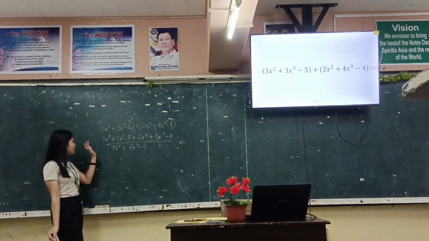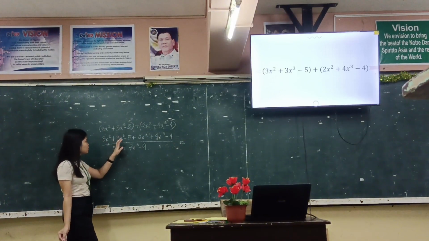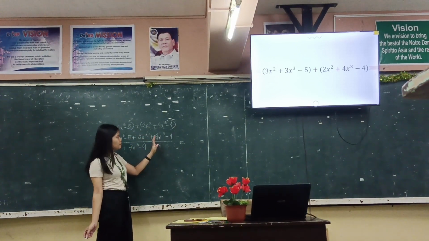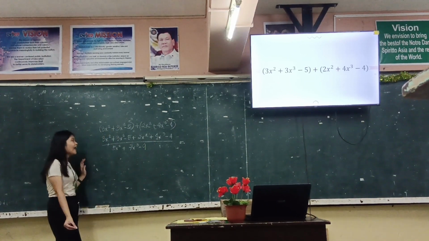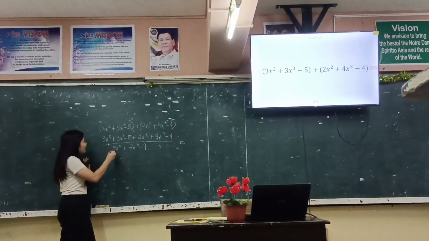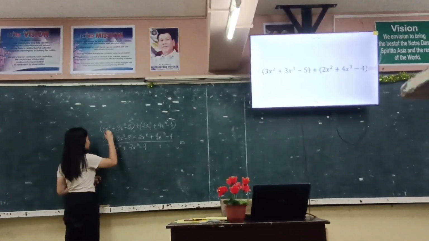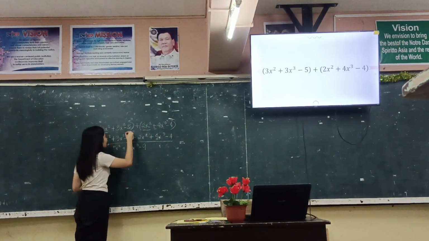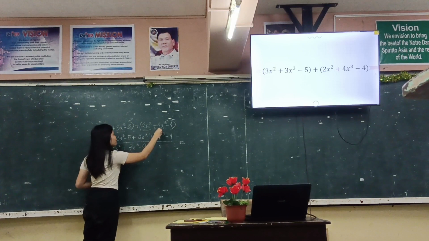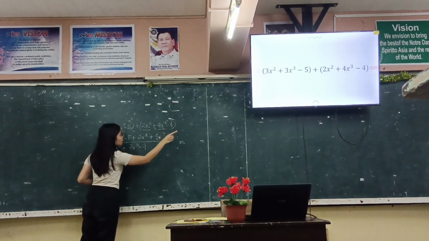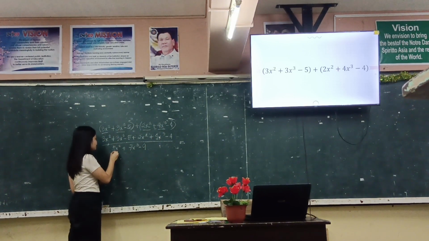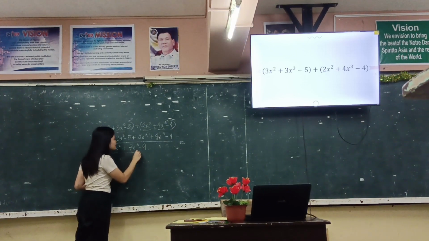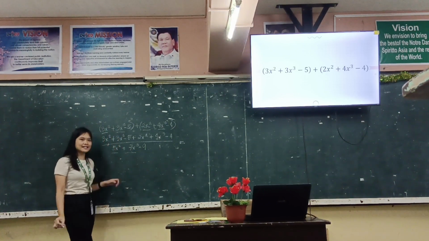So we have 3x squared plus 3x cubed minus 5 plus 2x squared plus 4x cubed minus 4. After that, he combined the like terms, which are the 3x squared and 2x squared, and 3x cubed and 4x cubed. So we got the answer 5x squared plus 7x cubed minus 9.